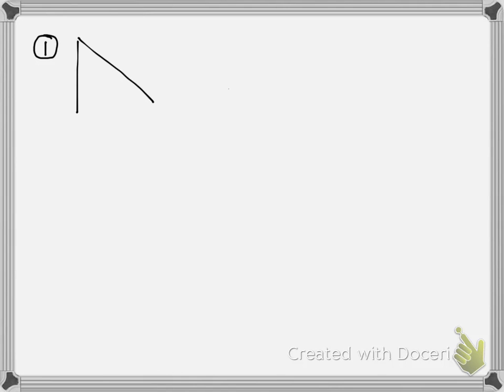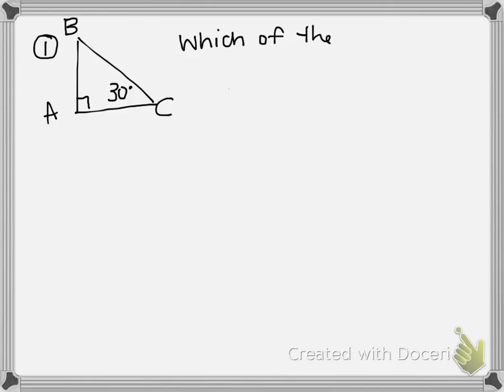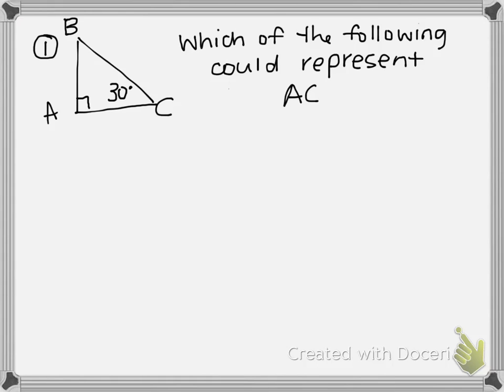And so we have our triangle right here, and it is ABC with a 30-degree angle for angle C. Your question is going to be, which of the following could represent AC? And that is side length AC. So we're looking for what could represent this side length right here.